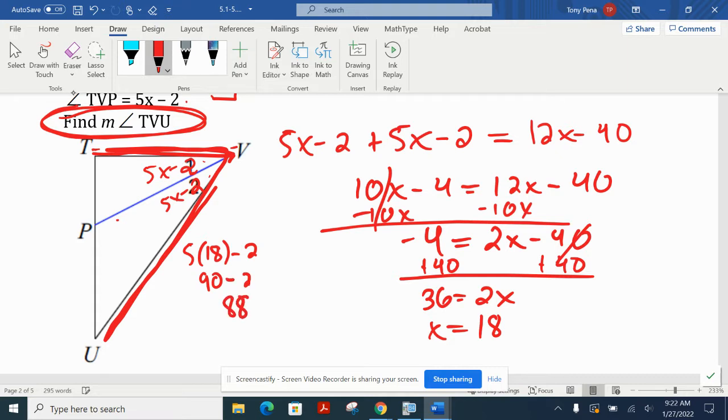So those are both 88. We all getting that? Then we have 2 of those. So they're both 88 degrees. What is that, 176?